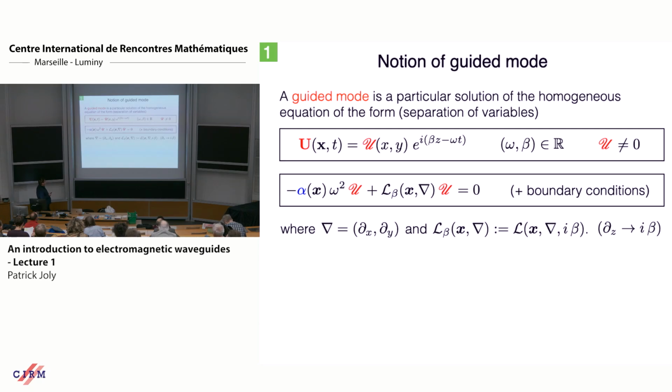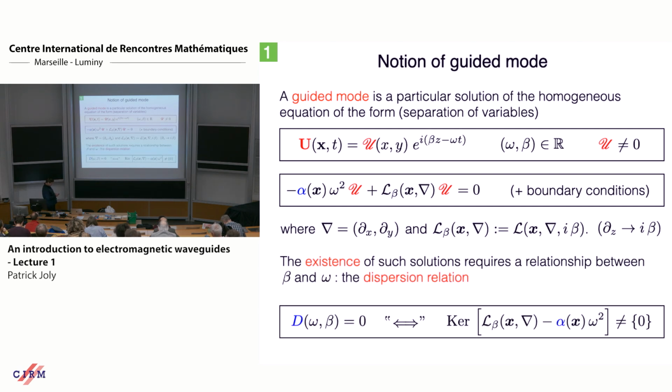What is important is that the operator that appears is L beta, and L beta is simply deduced from L by replacing the z derivative by the multiplication by i beta. Okay?